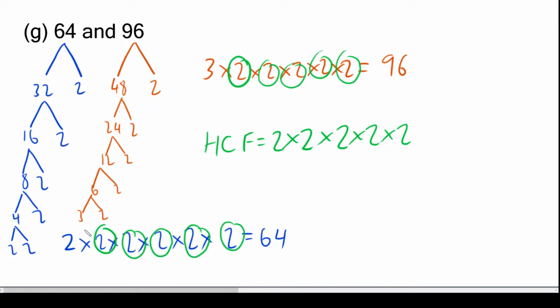Okay, and that 3 and that 2 are different numbers, so we don't include them. So 2 times 2 is 4, 4 times 2 is 8, 8 times 2 is 16, 16 times 2 is 32. The highest common factor is 32.